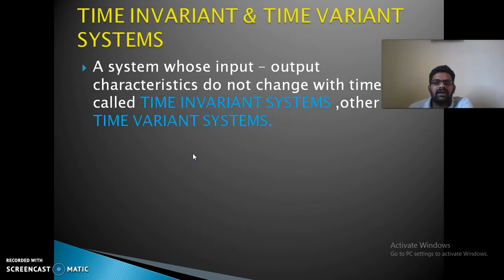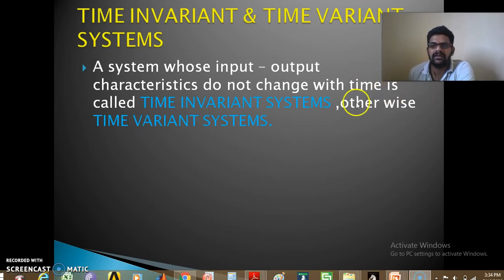Similarly, time variant and time invariant systems. If the system response does not vary with respect to time, that is known as a time invariant system. A system must be time invariant in nature. If the system varies with respect to time, it is time variant. Suppose a system is temperature dependent.